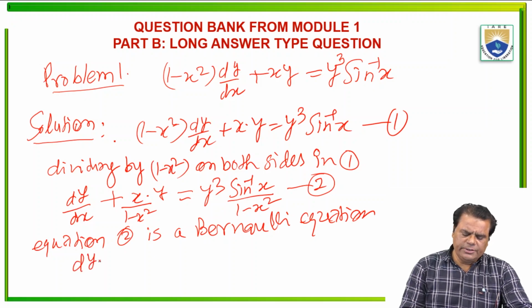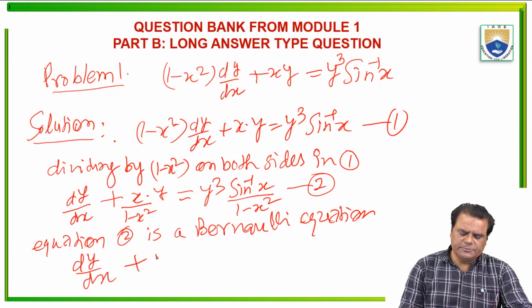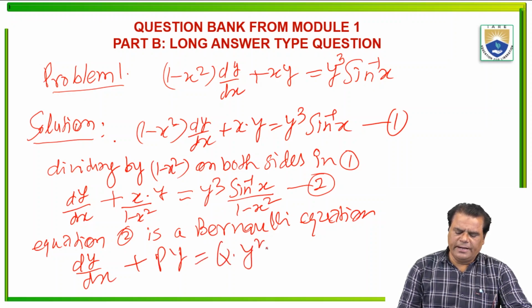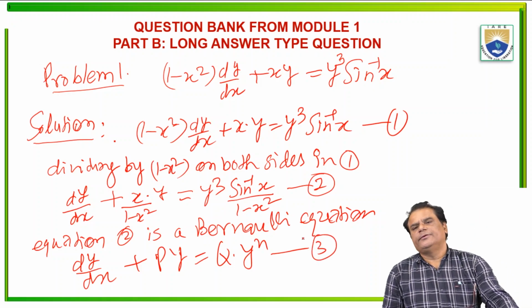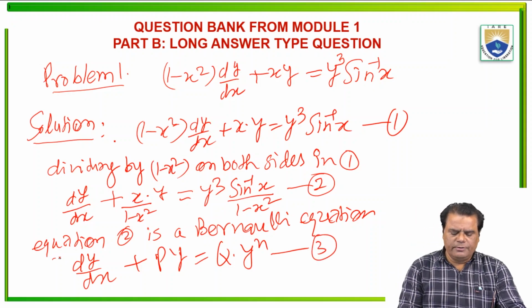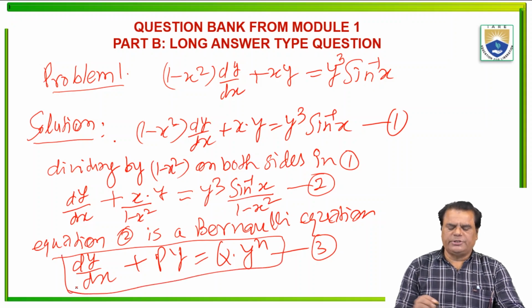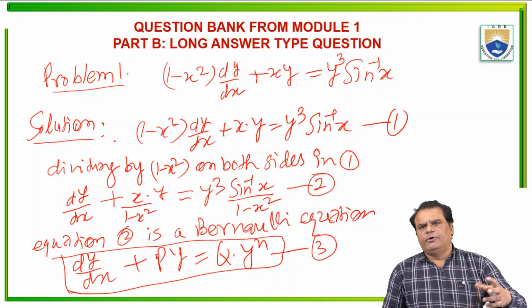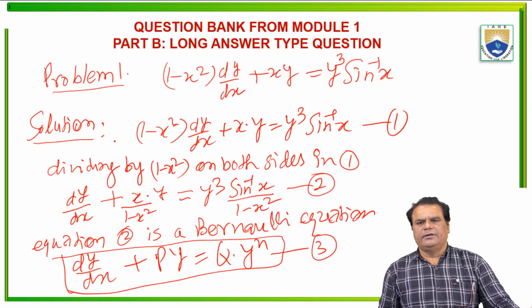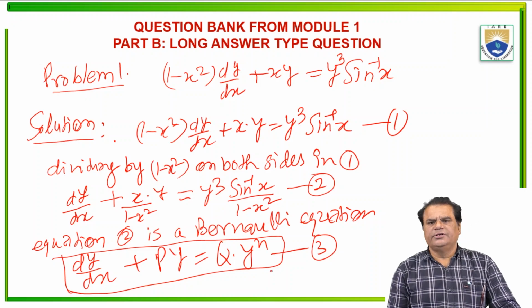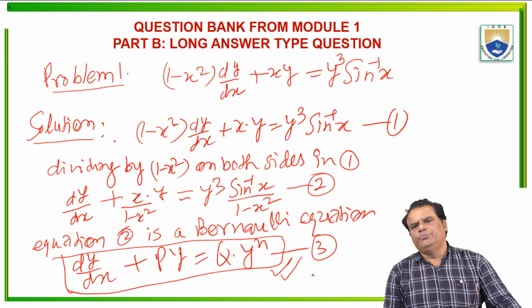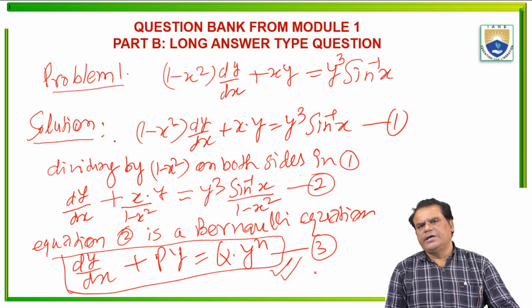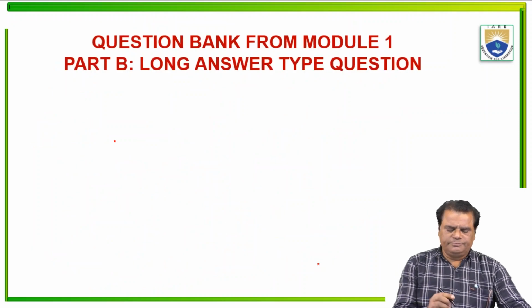The Bernoulli equation is dy dx plus py is equal to q y to the power n. This is equation 3. With the help of the Bernoulli equation, we solve this question. When we discussed the method of Bernoulli equation, we discussed this differential equation in detail, how we can solve it. The same procedure you apply in this question.